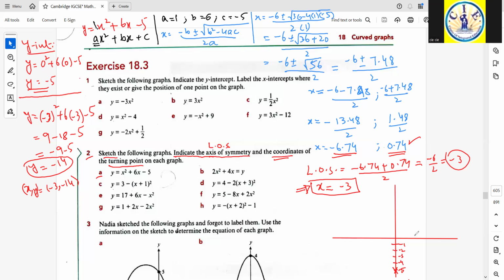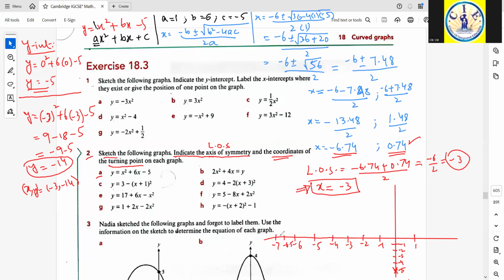So if this is 1 here, on the left side, we are going to have negative 1, negative 2, negative 3, negative 4, then negative 5, and then negative 6, negative 7. In between negative 6 and negative 7, this is going to be negative 6.5.